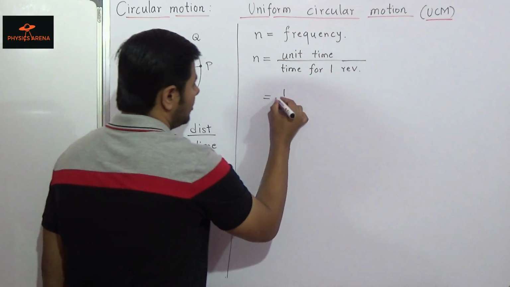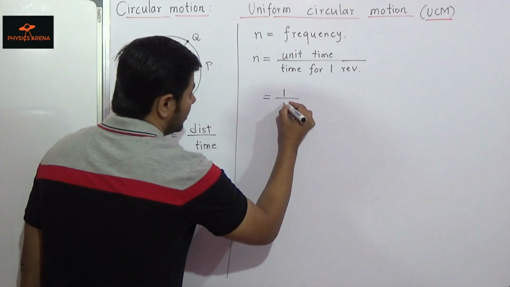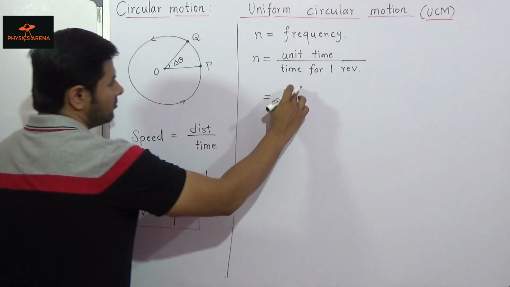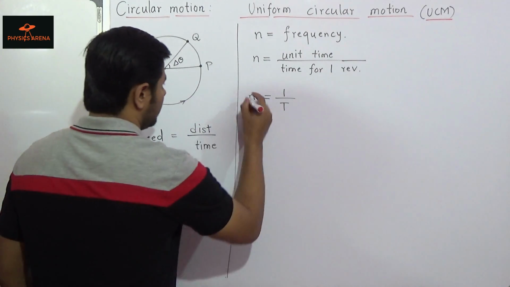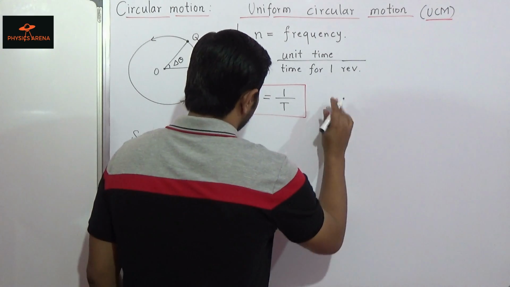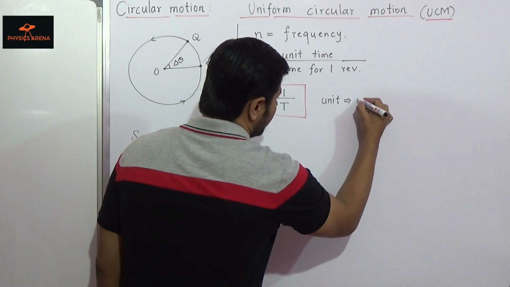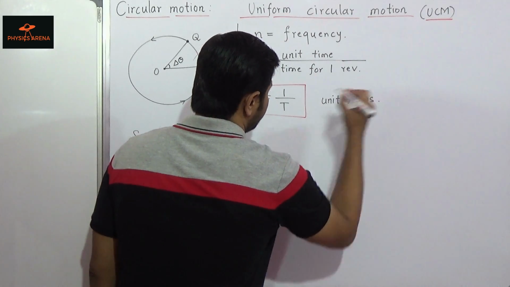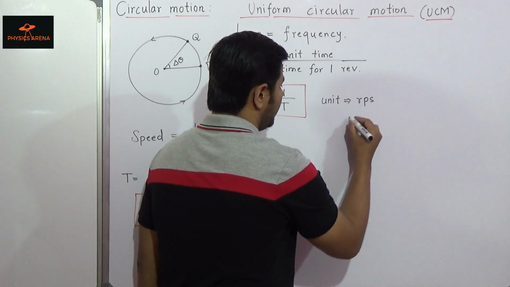So it is 1 divided by time for one revolution, which is the time period. That's why frequency is 1 over T. And the unit is revolutions per second, or it is also called hertz.